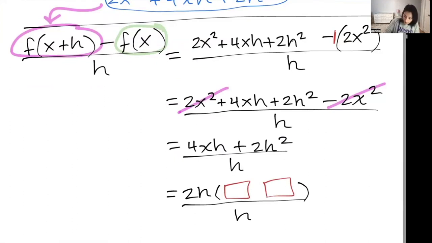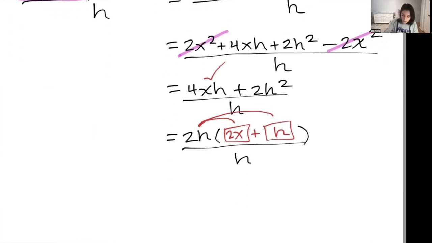So 2h times what gives me 4xh? 2x. And then 2h times what gives me 2h squared? I just need a positive h. So notice now the h's cancel. And so our answer is going to be left with 2 times the quantity of 2x plus h.